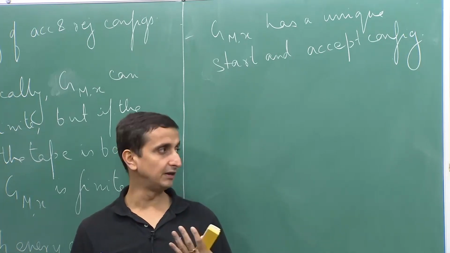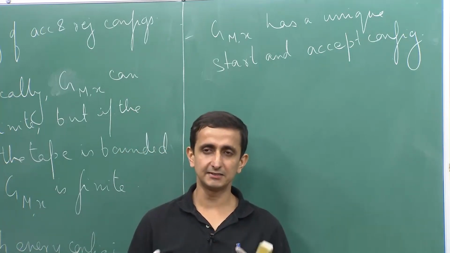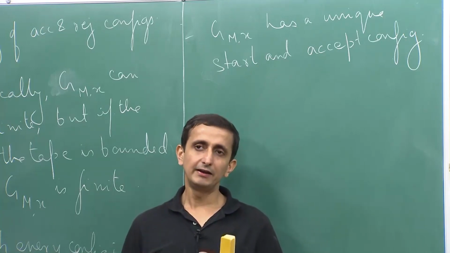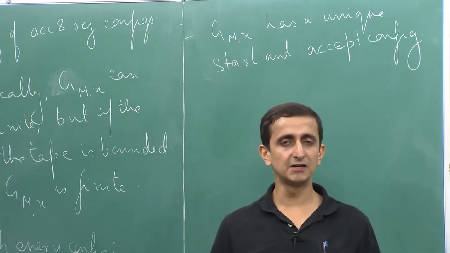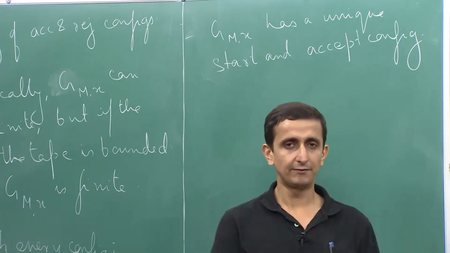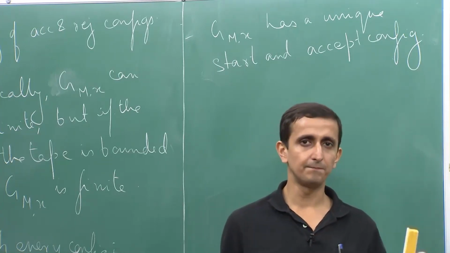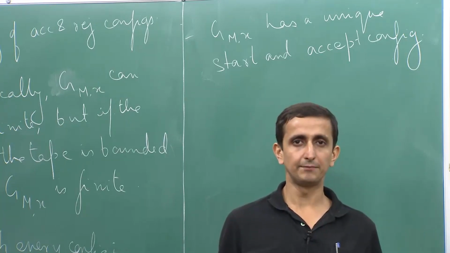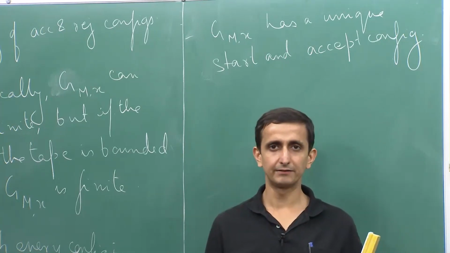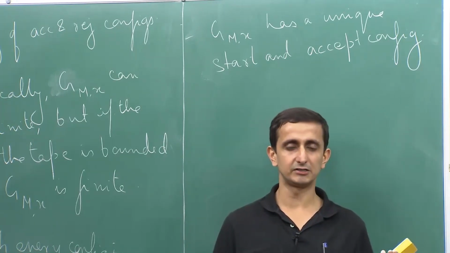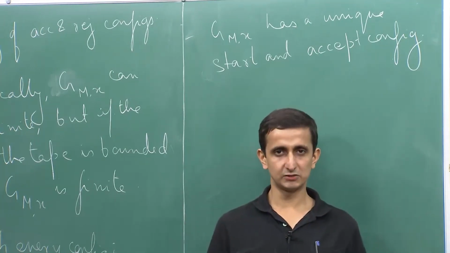For example, in the Turing machine, I can add a new state as the start state, which has the following property: if the Turing machine entered the old start state, I would first clear the entire tape, erase the entire tape, move the tape head to the leftmost cell of the tape, and then enter this new accept state. That would be a unique configuration because the tape contents are empty and the head is pointing to the leftmost cell.